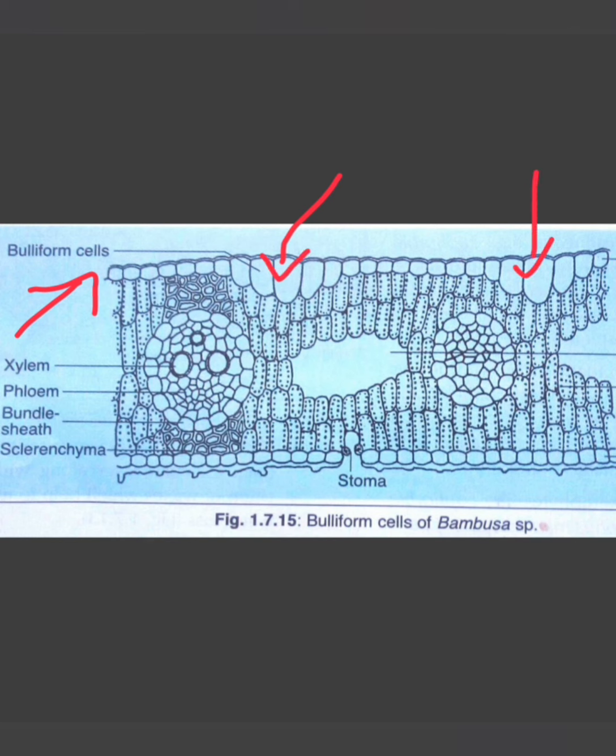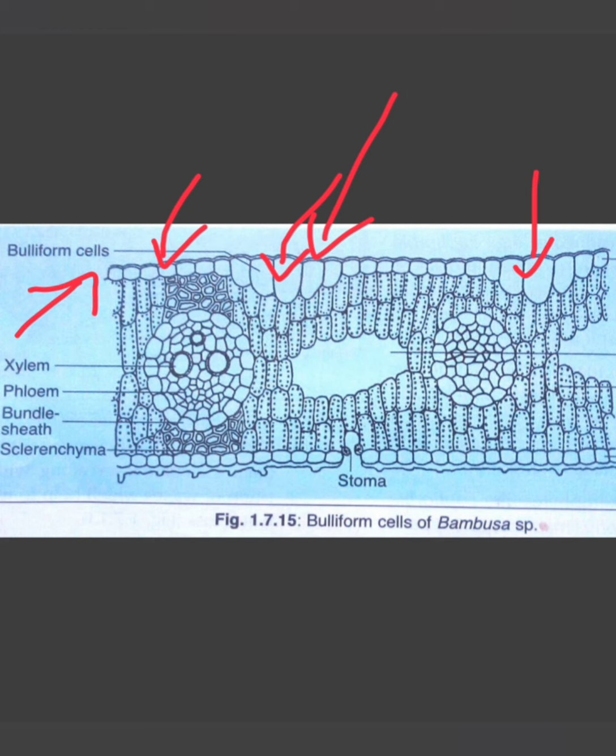The epidermal cells, usually of the upper surface of the leaves, not the lower surface, are thin walled and become more elongated. As compared to the other cells, these bulliform cells are more elongated, more enlarged, and they are referred to as bulliform cells, hinge cells or motor cells. And what is the function of these cells?